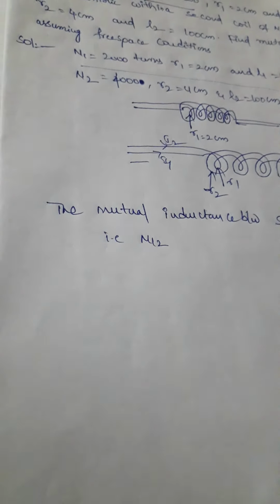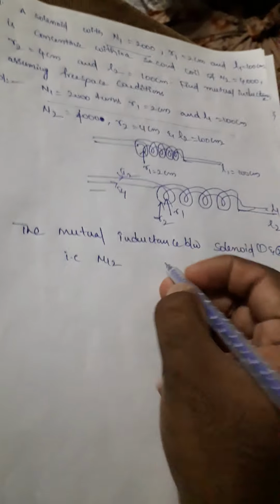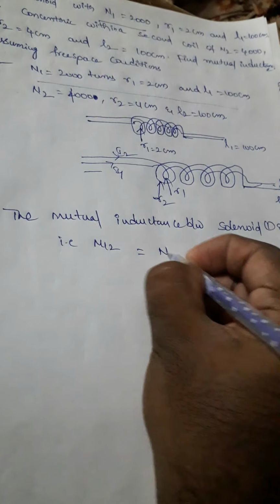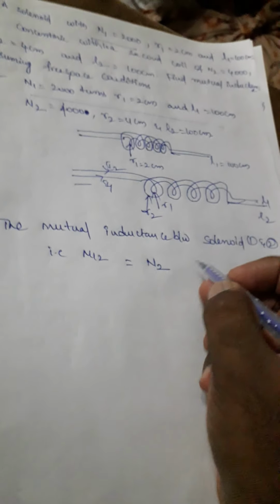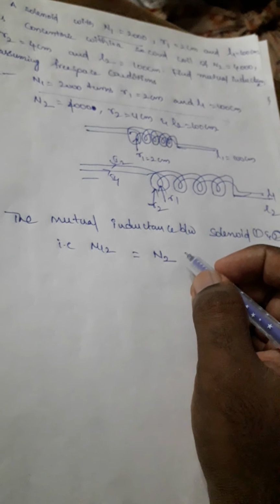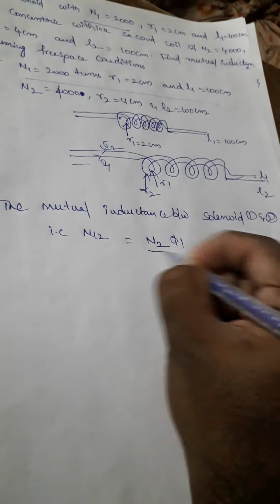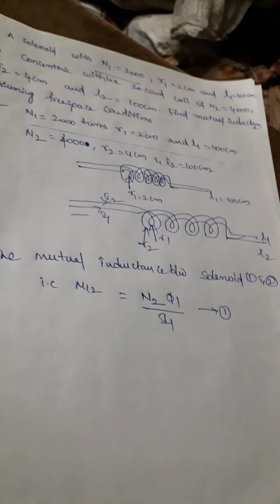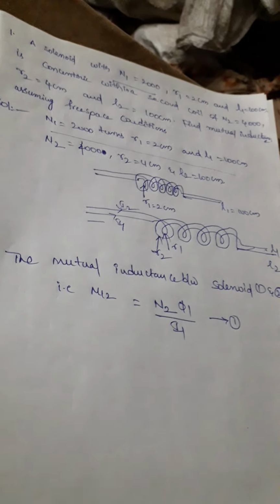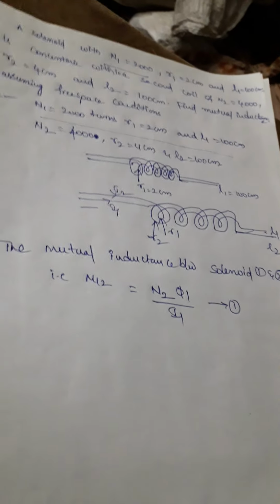You can also calculate M21, not at all a problem; either M12 or M21, only one is needed here. So M12 is nothing but N2, the number of turns in the second coil, into the flux linking with the second coil, that is phi1, due to the current I1 through solenoid 1, divided by I1. So N2 is there; we have to calculate phi1 and I1 here.